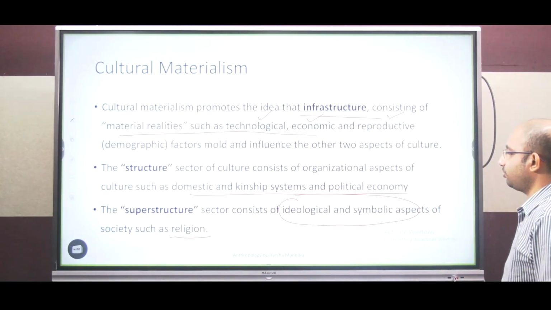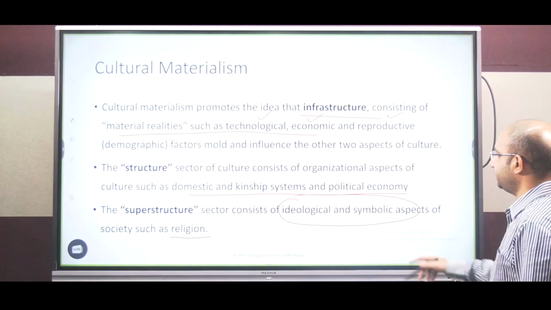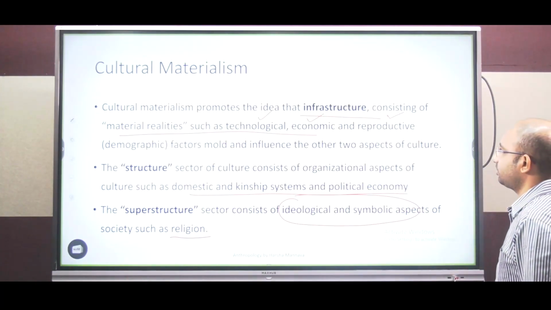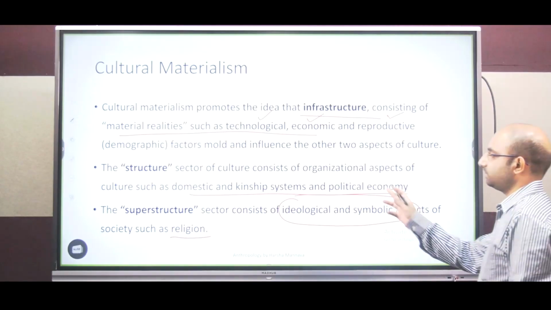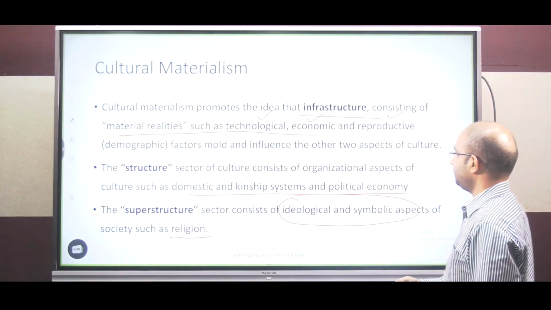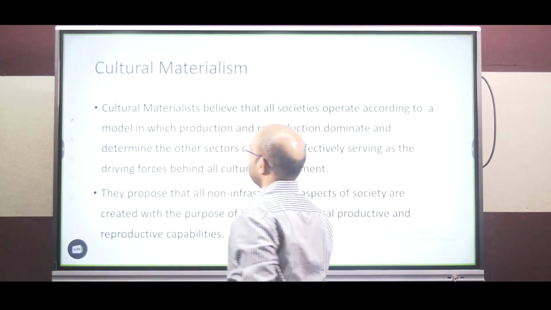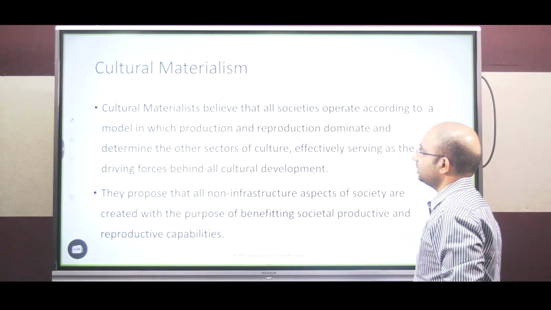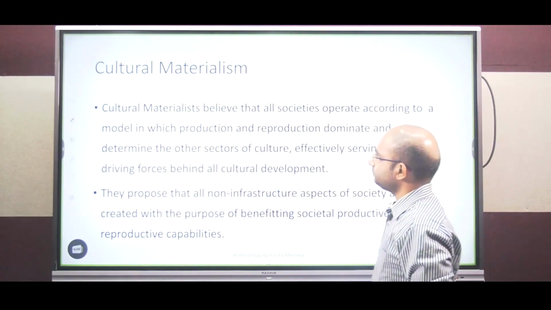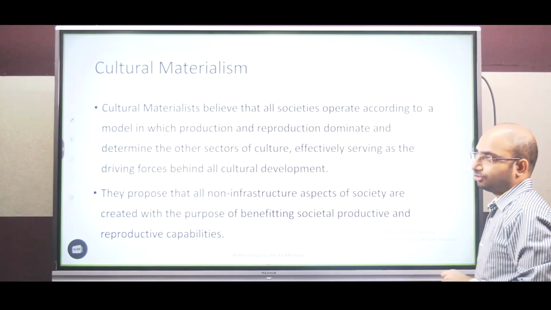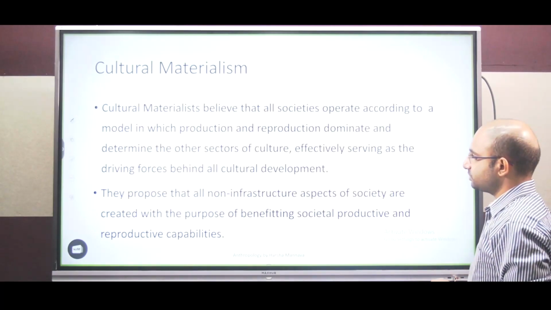So just describe what each of them includes. This is ideological and symbolic aspects, this is material aspects like technology and economy, and this is domestic and kinship system and political economy. Then the central idea in this approach is that cultural materialism believes we should give more importance to infrastructure in the analysis of society.